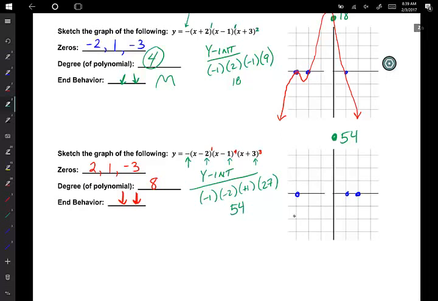So we start down. When I get to -3, what do I have there? A triple root. So it's not an even root, so it doesn't go back through. It kind of makes a jog, but it goes through. So come up to it, make a jog, and go through. That's the triple root.